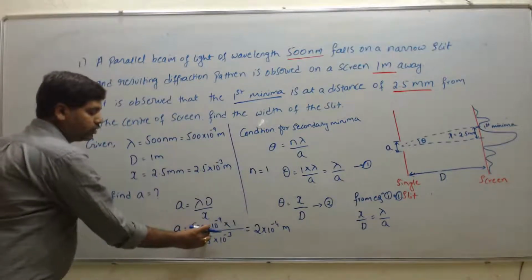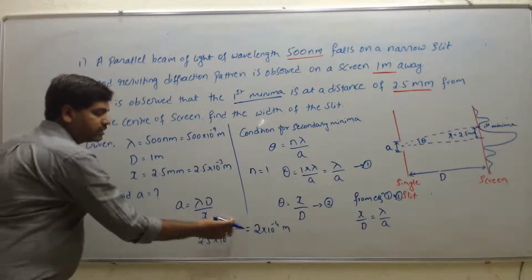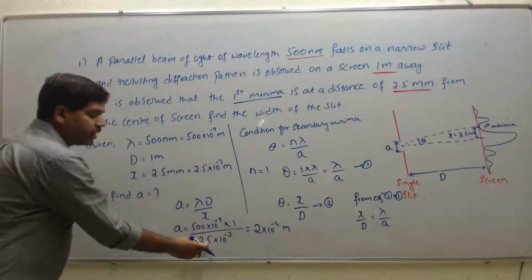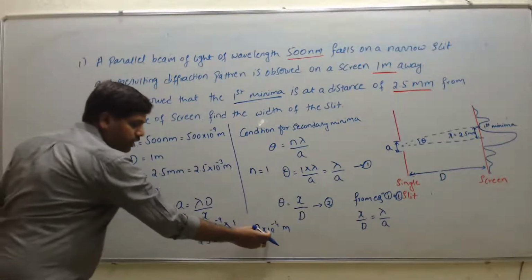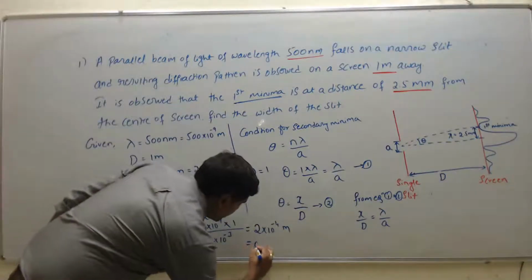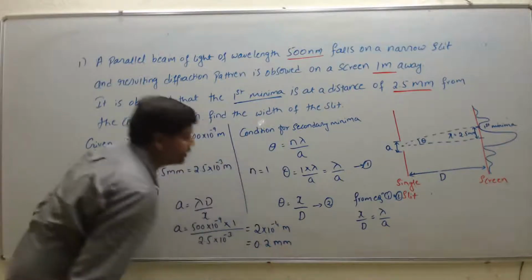So here the 2 zeros shift means it becomes 10 to the power of minus 7. Minus 7 plus 3 becomes minus 4. So 50 divided by 25 is 2, that is 2 into 10 to the power of minus 4 meter, or this can be written as 0.2 millimeter.